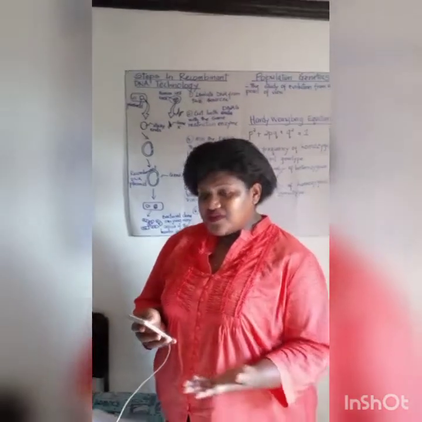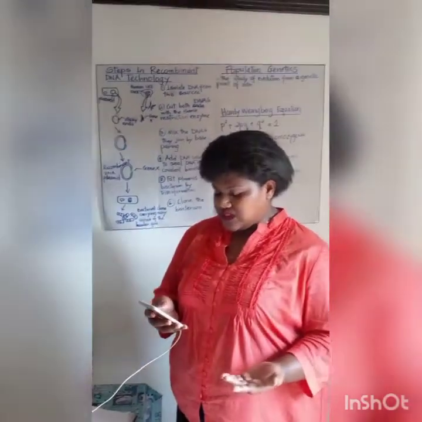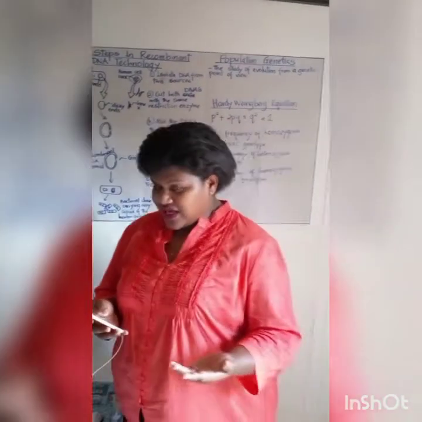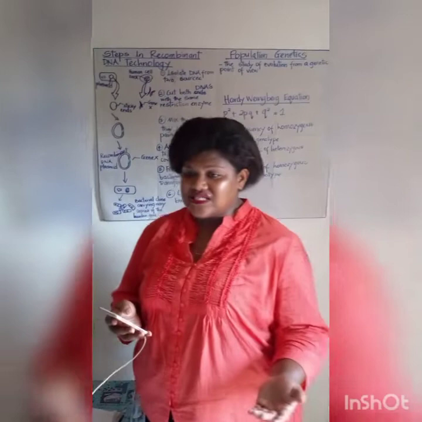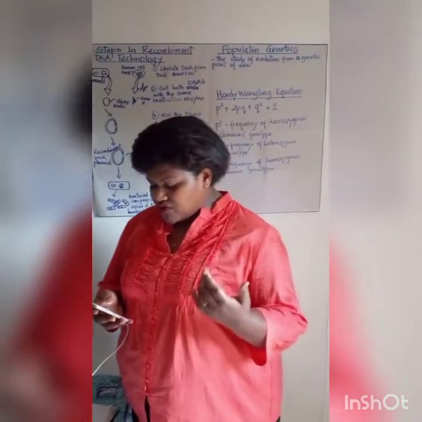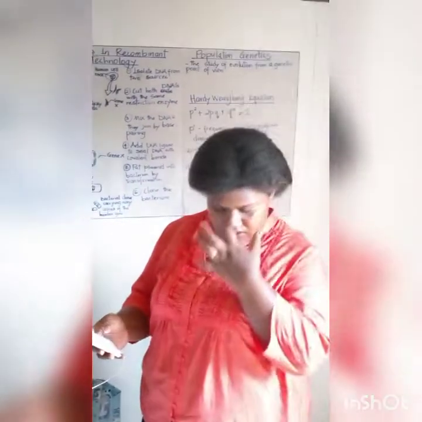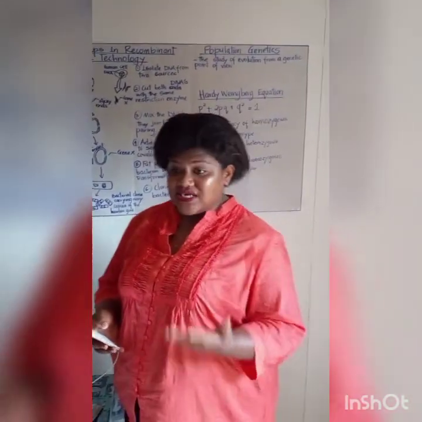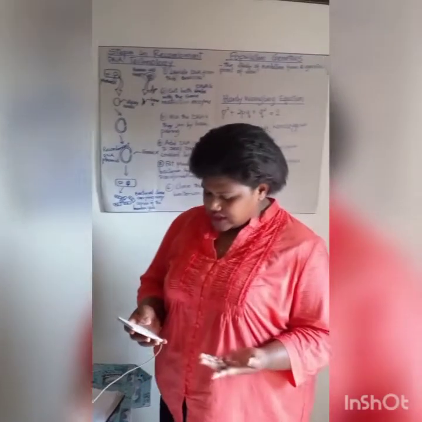Disadvantages of GMOs: not 100% environmentally friendly, food supply at risk, new diseases coming through, economic concerns, and ethical issues. Those are the advantages and disadvantages of genetically modified organisms.